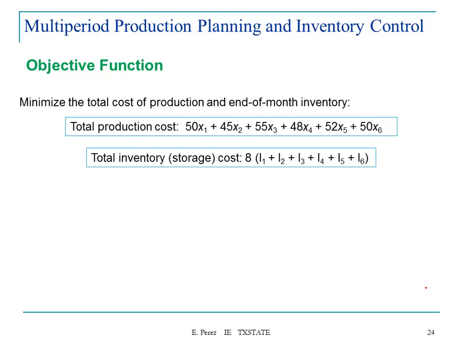So if you carry these many units, it doesn't change. So the cost is going to be the same. And you basically multiply that cost times the inventory that you need for each month.